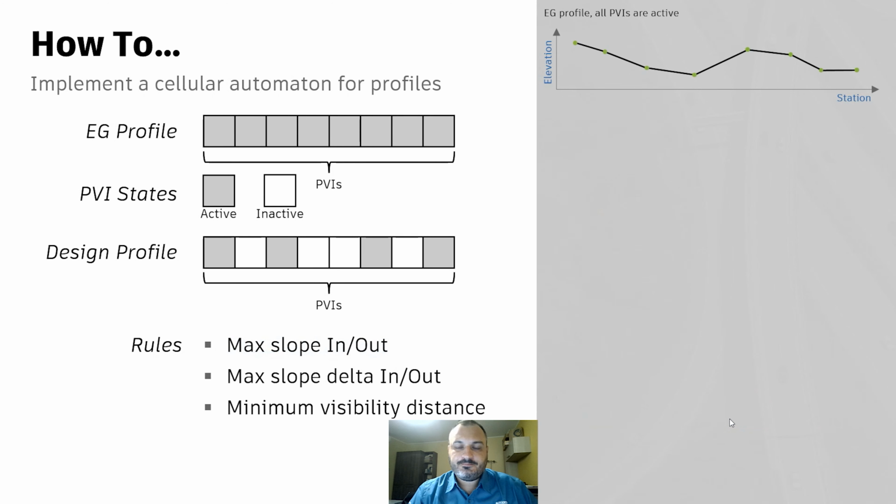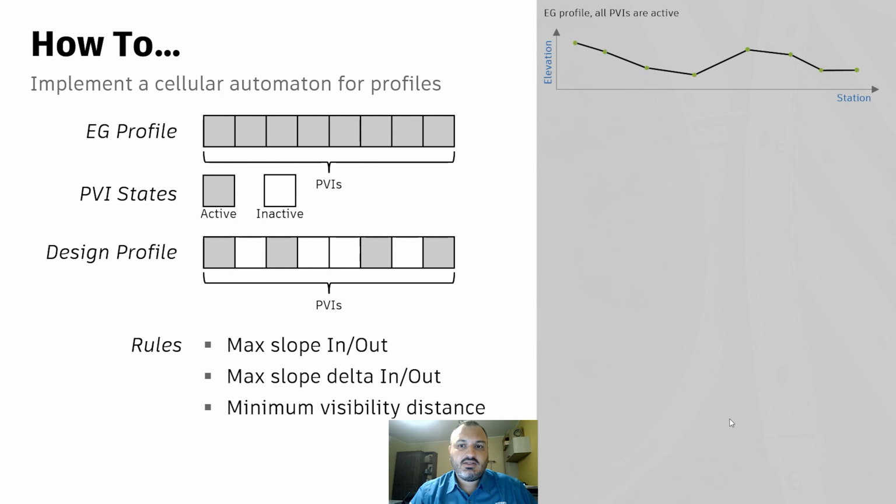So let's make an example. If we have our existing ground profile, we can consider it as a sequence of points of vertical intersections, or PVIs. So these points at the very beginning are all active, so to speak. And these points are aware of their neighbors. So the points that are preceding, the points that are following.